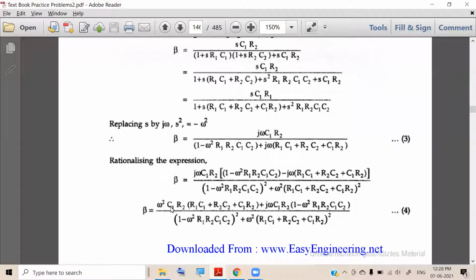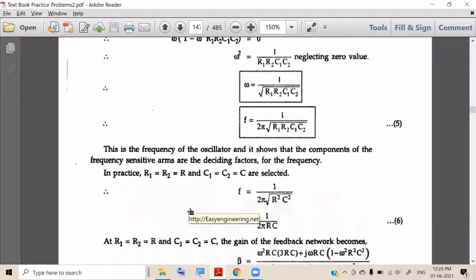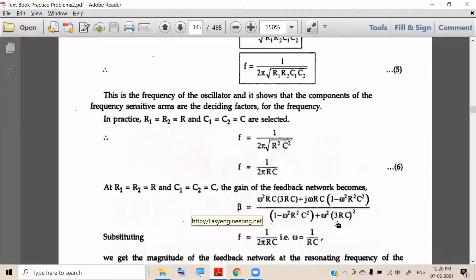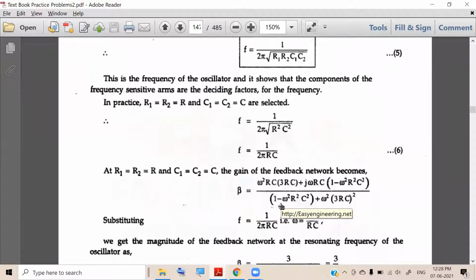Already we have RC, so RC into 3 RC. This will be 3 omega square R square C square. So that is what we will get.